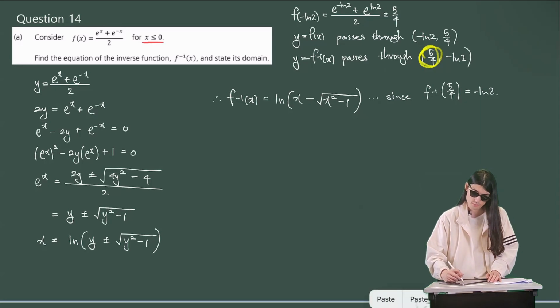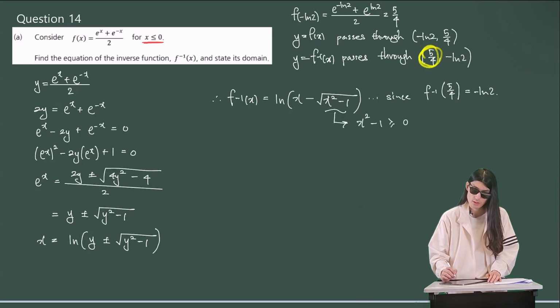So that x squared minus 1 would need to be greater or equal to 0, which then means that x is greater than or equal to 1, or x is less than or equal to minus 1.